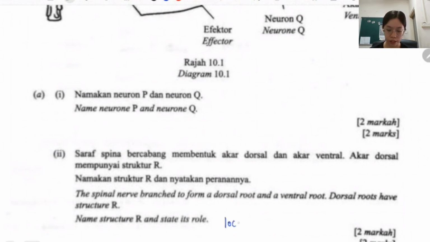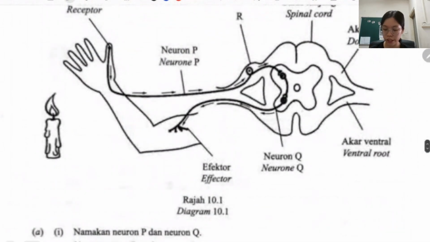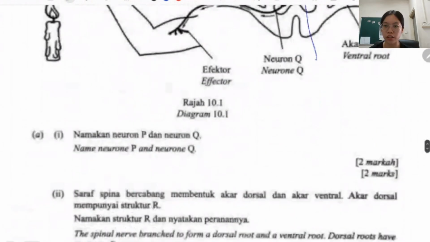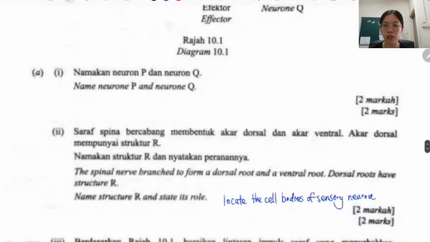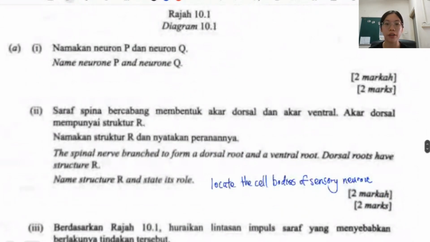It locates the cell bodies of sensory neurons. Okay, so the gray matter is the one that consists of the cell bodies of motor neurons and relay neurons. But the dorsal root ganglion is the one that consists of the cell bodies of sensory neurons. Dorsal root ganglion.